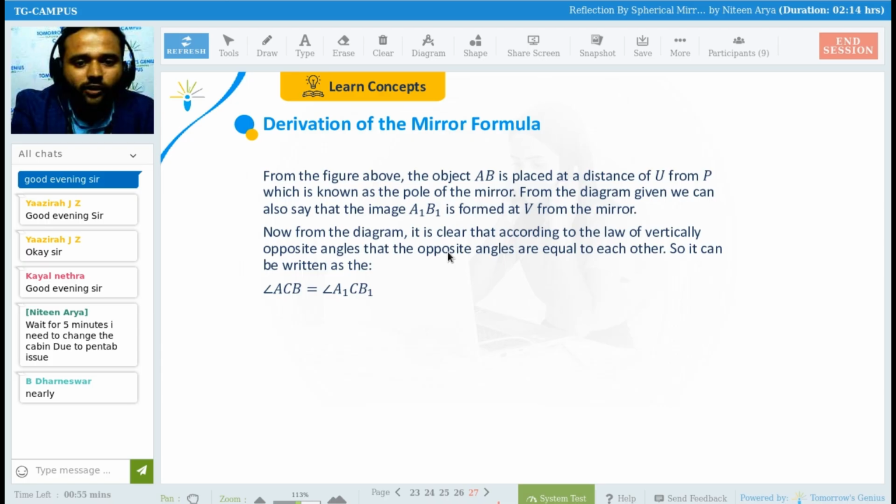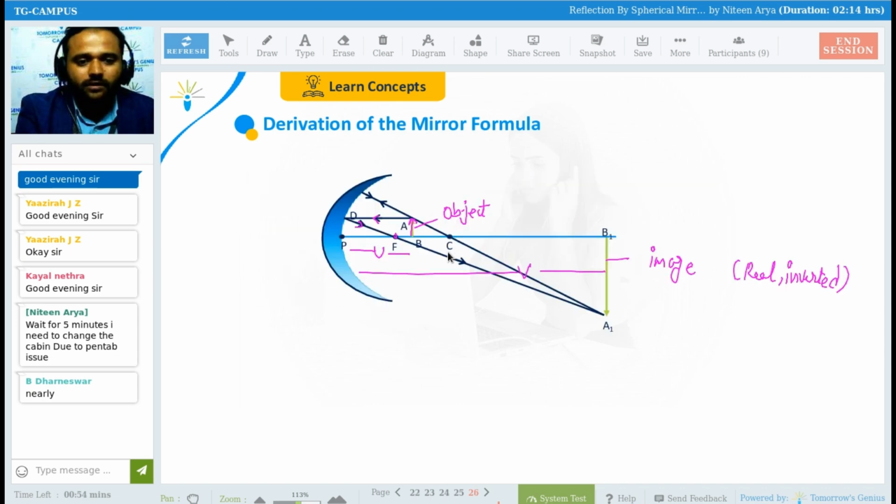From the figure above, the object AB is placed at a distance u from P, which is the pole of the mirror. The image A1B1 is formed at v from the mirror. From the diagram, it is clear that according to the law of vertically opposite angles, the opposite angles are equal to each other. So it can be written as angle ACB equals angle A1CB1.